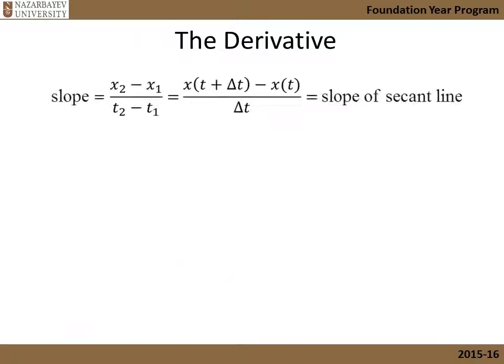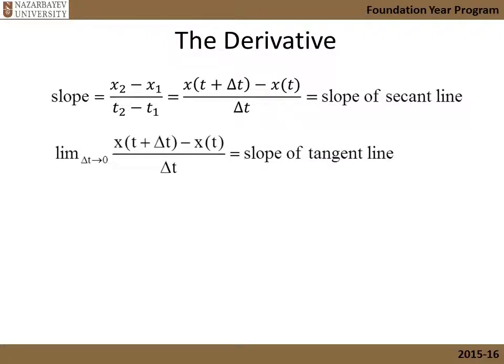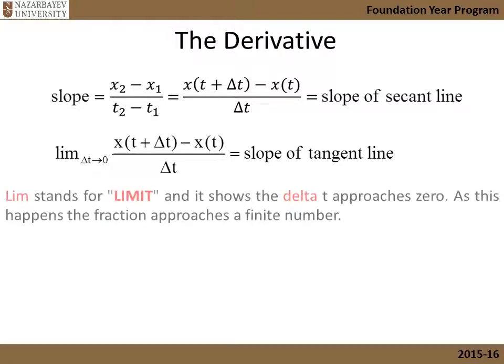On one hand, we have defined the slope of the second line, which is equal to x of t plus delta t minus x of t over delta t. On the other hand, we defined the slope of the tangent line when we allowed our delta t to become smaller and smaller. It means that we take the limit, so the symbol lim stands for the limit, and this limit shows delta t approaches 0.